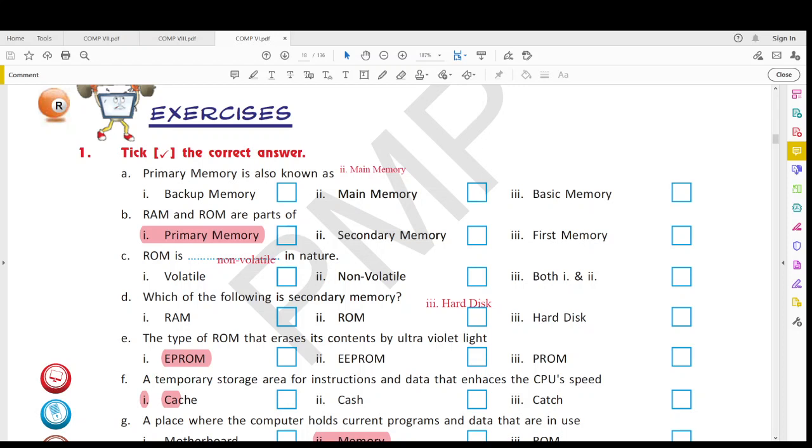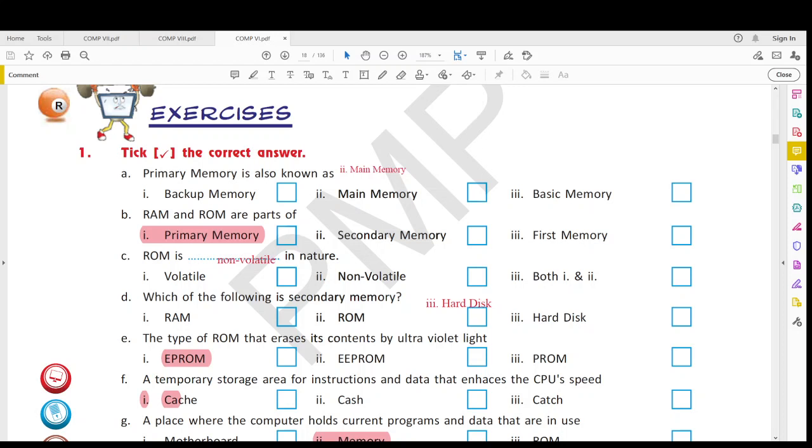In this tutorial, we will discuss the exercises on the chapter computer memory. We have finished discussing the chapter. Now it's time to discuss the exercises.